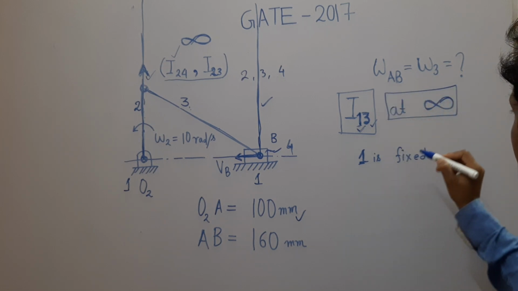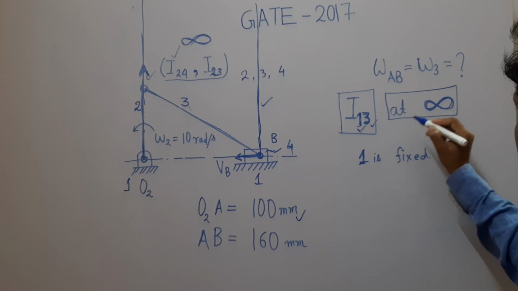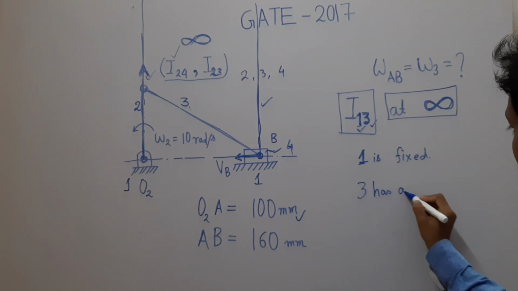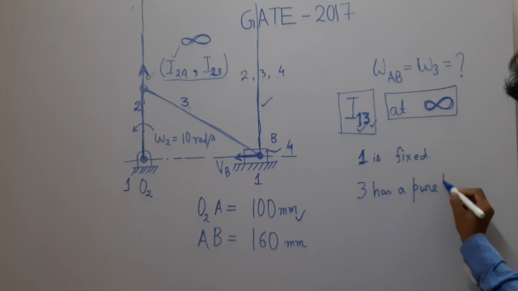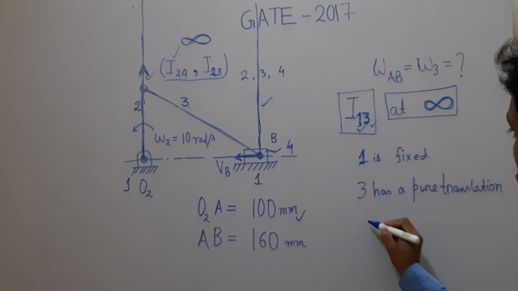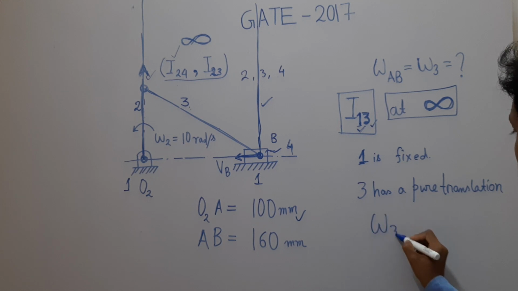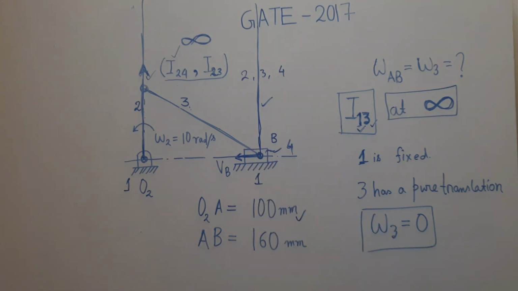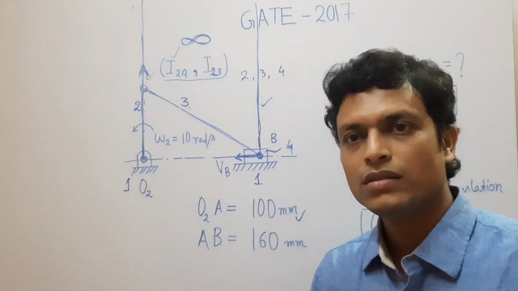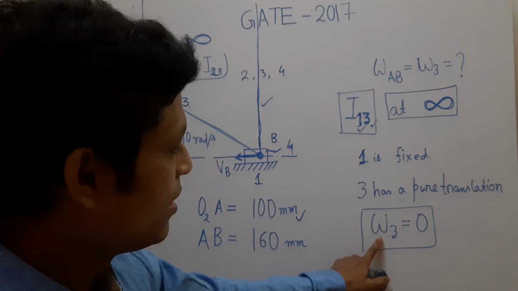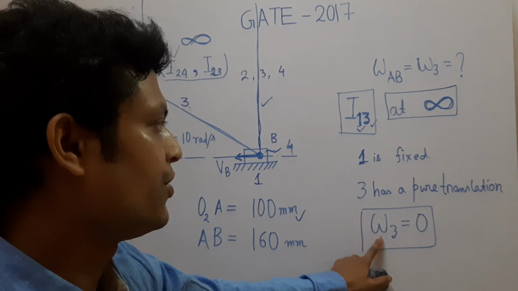When does the absolute instantaneous center lie at infinity? When 3 has pure translation. So when pure translation, omega 3 becomes 0. That means at this instant the link AB has pure translation and the angular velocity of link 3 is 0.